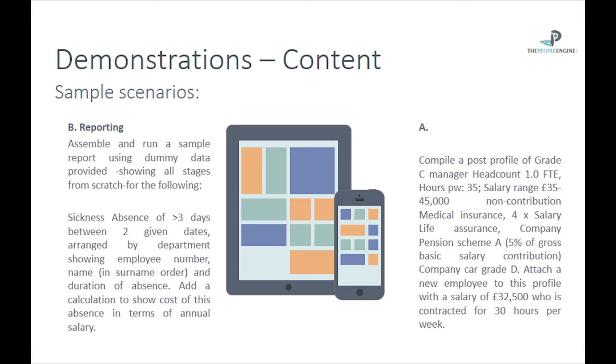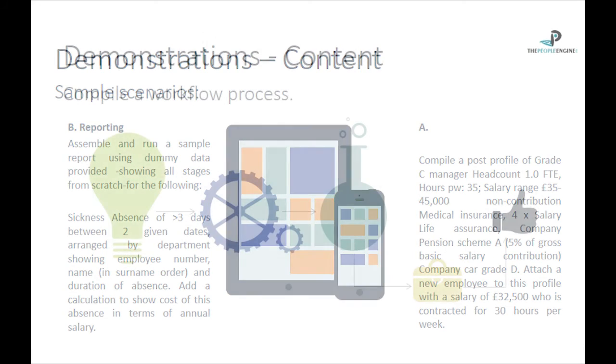Or another piece of content would be to put together a post profile of a person of grade C manager, and so on and so on. So you can look at these scenarios and get an idea of what it is that we need to be able to serve up to the vendors, so that they can demonstrate whether or not their software can be configured to meet that case.